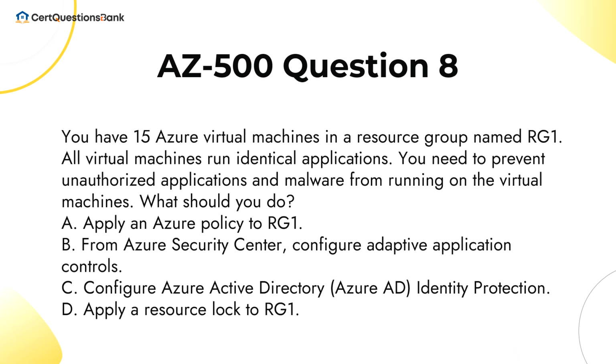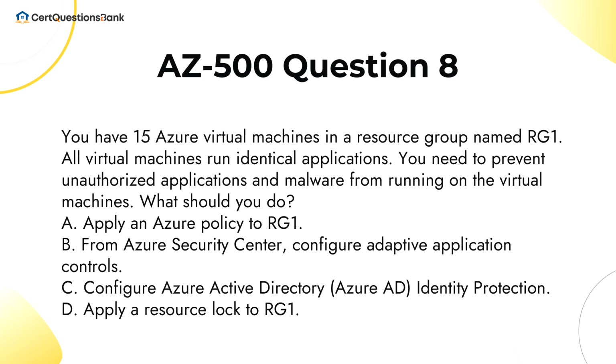You have 15 Azure virtual machines in a resource group named RG1. All virtual machines run identical applications. You need to prevent unauthorized applications and malware from running on the virtual machines. What should you do? A. Apply an Azure policy to RG1.